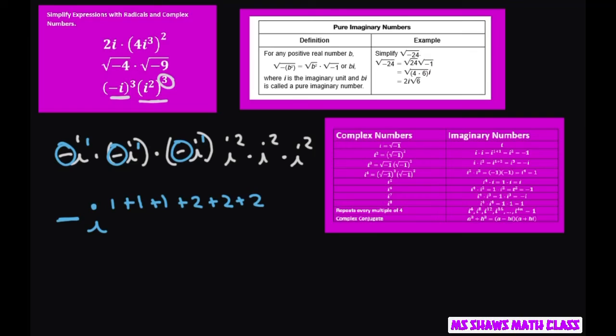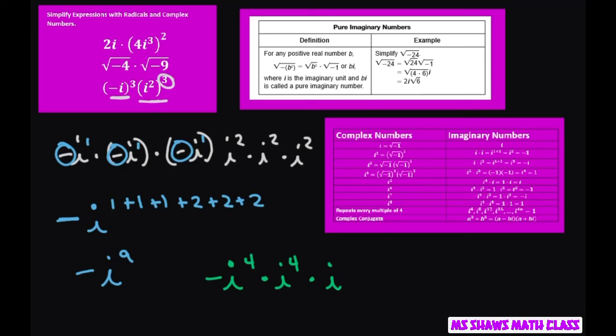All right, so that gives you 3 plus 6 is 9. So this is negative i to the 9th. Now, for i to the 9th, we can write this as negative i to the 4th times i to the 4th times i.